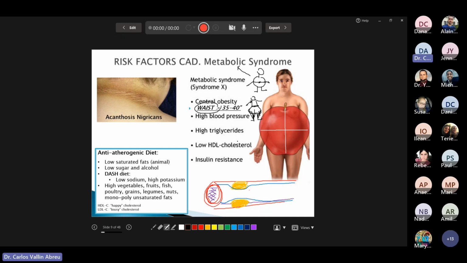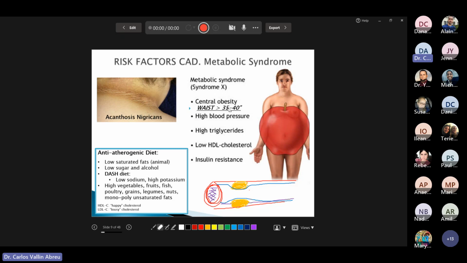So the waist is what defines this apple shape obesity that is so common and is such an important risk factor for this accelerated process of atherosclerosis in the body. So it is the waist circumference, the increased waist. You don't need to memorize the normal values, okay?